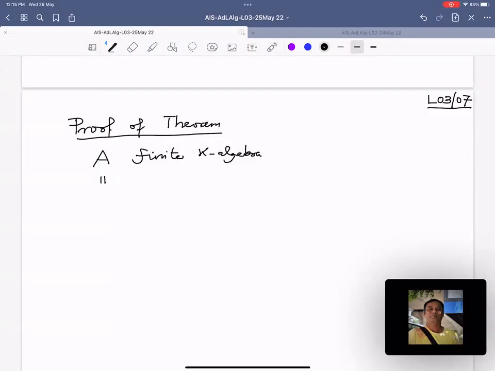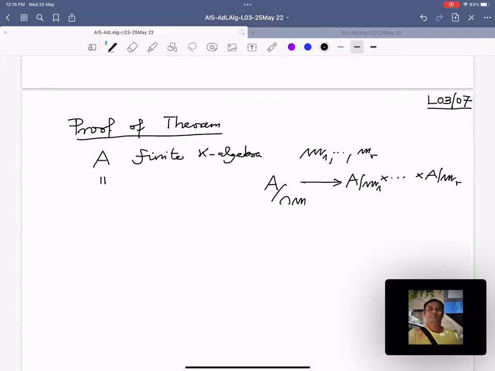So if I take the maximal ideals M1 to MR, then the Chinese remainder theorem will tell you that the map from A to A mod M1 cross ... cross A mod MR is a surjective map, and the kernel is precisely the intersection. This is the Chinese remainder theorem.